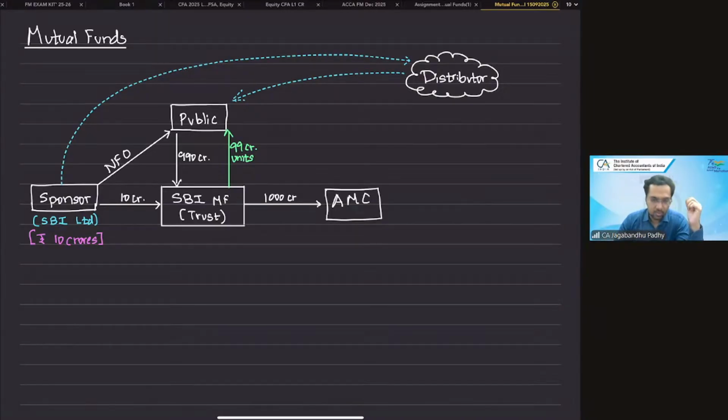Then the next type of entity which is going to be involved in this entire process is what we call the registrar and transfer agents.